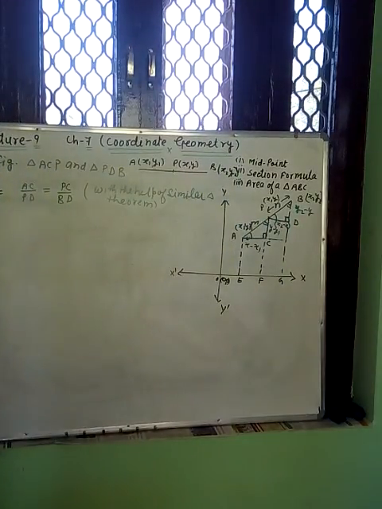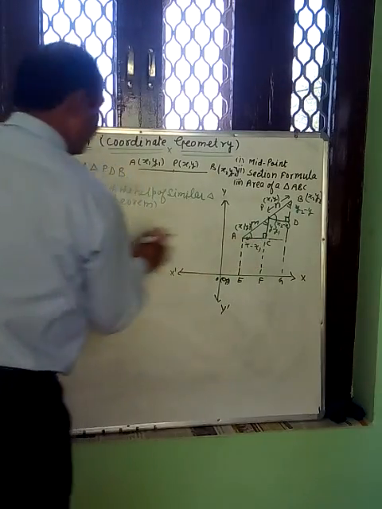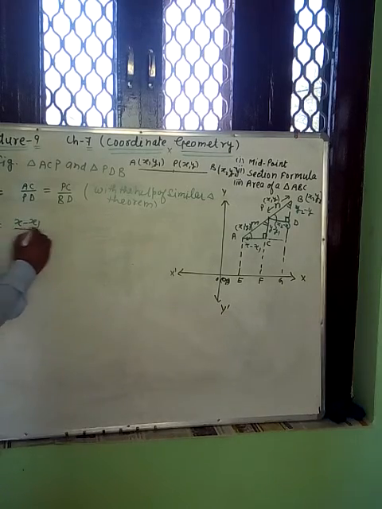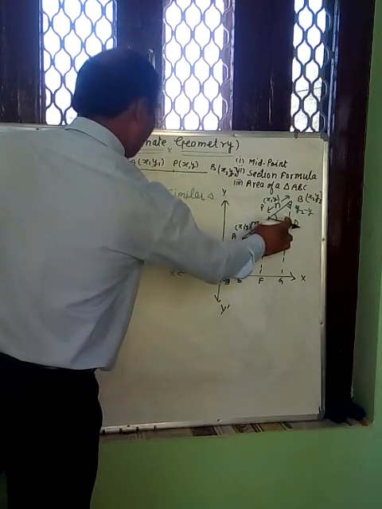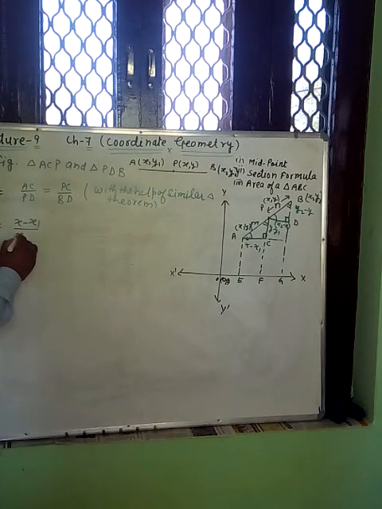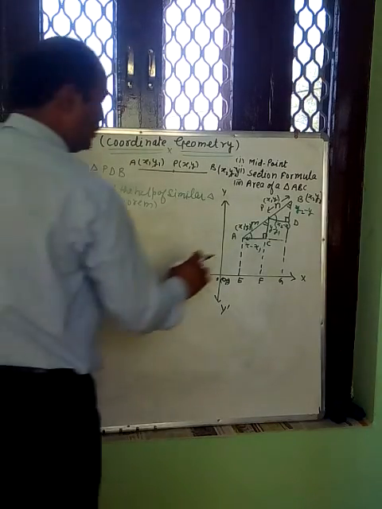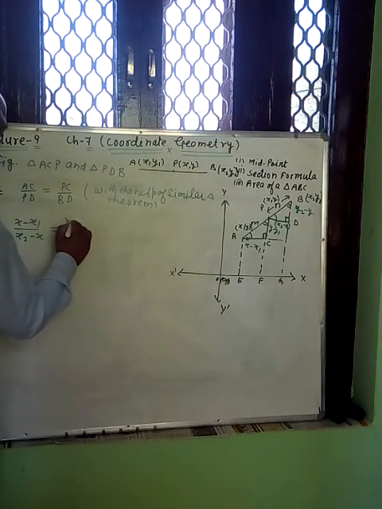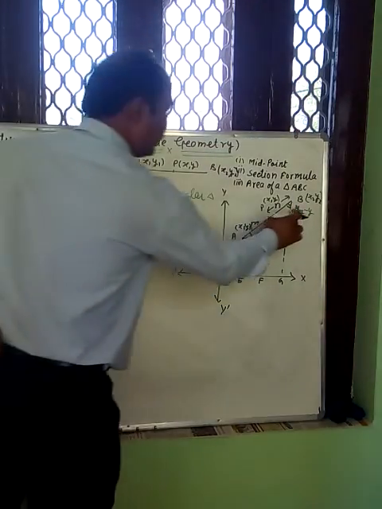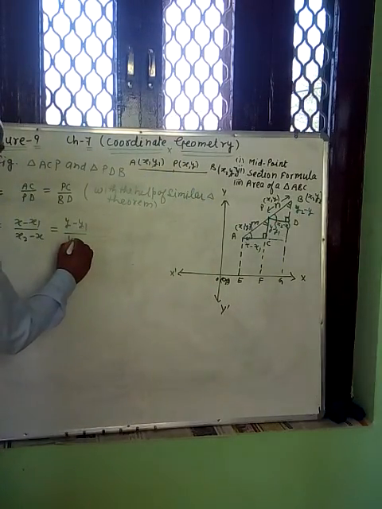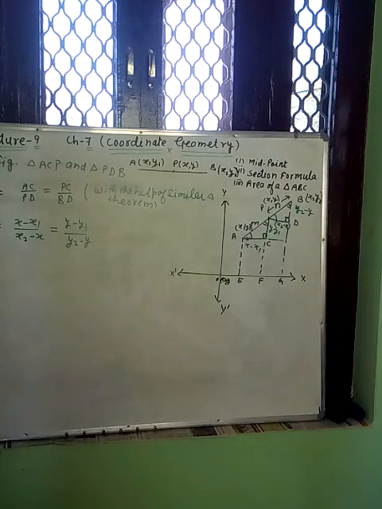So putting these values here, m upon n is equal to x minus x1 upon x2 minus x, which is equal to y minus y1 upon y2 minus y.